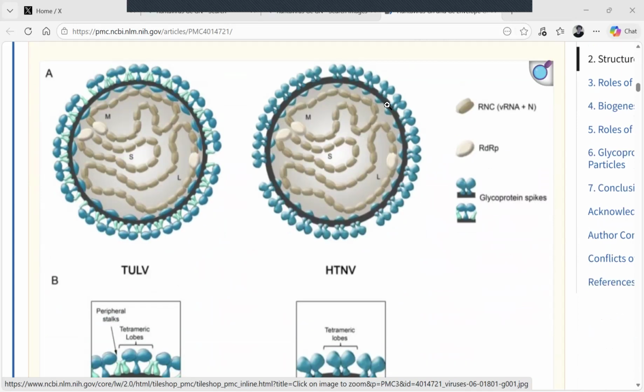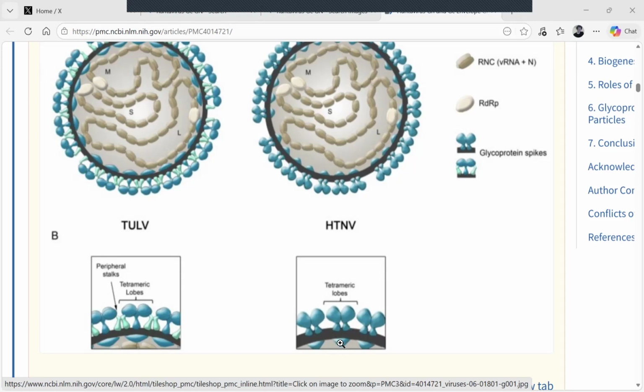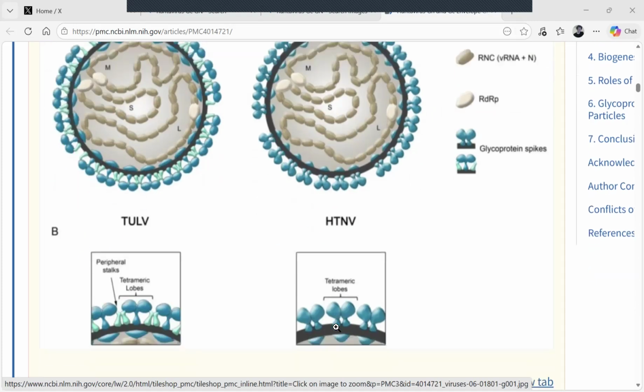There is an envelope and GC and GN glycoproteins that are coming off of the surface, the spikes, and they are in a tetrameric lobe configuration. So if you're looking down, you'll see it in a four configuration.